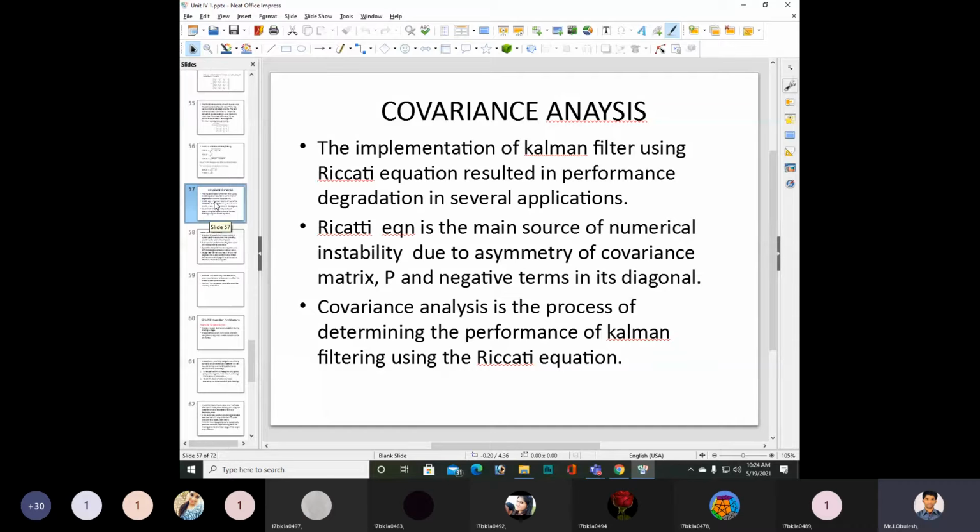The Riccati equation is the main source of numerical instability, due to asymmetry of the covariance matrix P and negative terms in its diagonal.